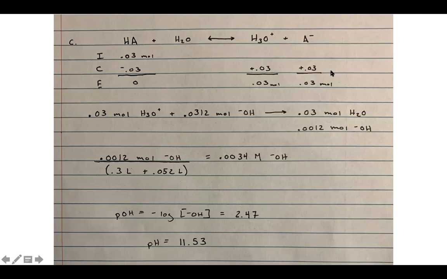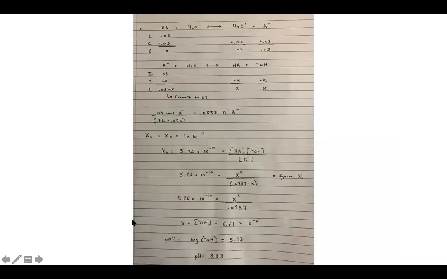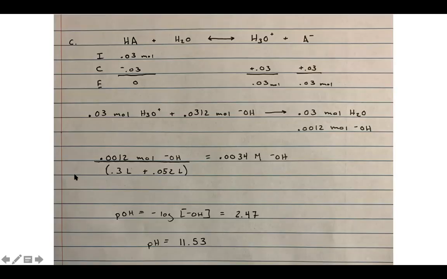However, doing a reverse ice table and all the complicated math that we had to do in the previous problem will not affect your answer, okay? So when you're past the equivalence point, does a reverse ice table technically happen? Yes, but it will not change your answer for the pH whenever you're past the equivalence point. And so we ignore that.